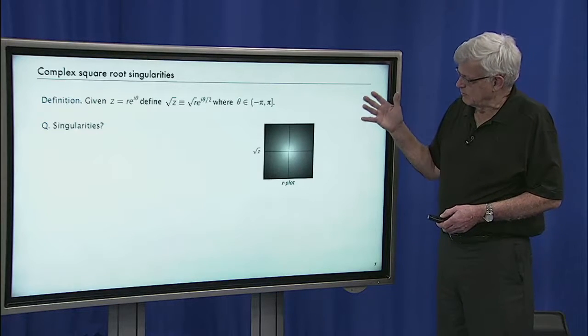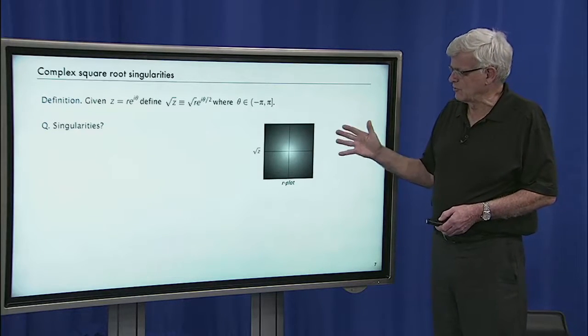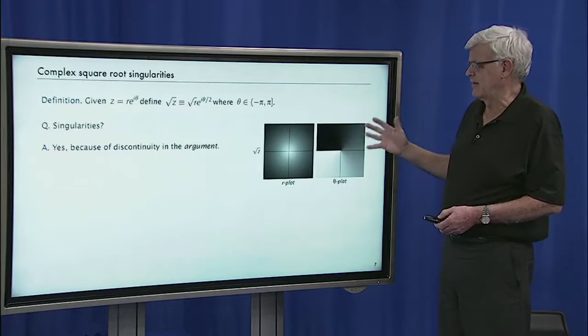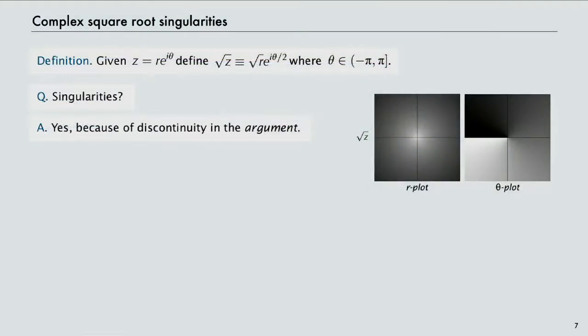The reason that there are singularities shows up if we plot the angle or the argument. There's a discontinuity in the argument on the negative real axis. And that has to do with this restriction of theta to between minus pi and pi. So here's an example of how we can show there's a discontinuity. Let's take 2 points, one just above the negative real axis and the other one just below the negative real axis.